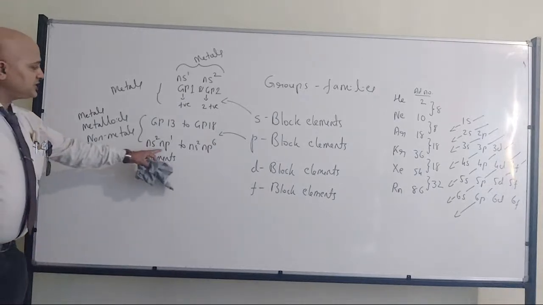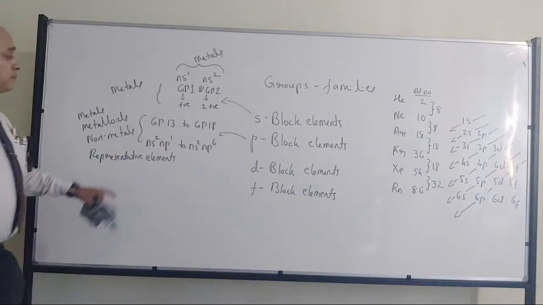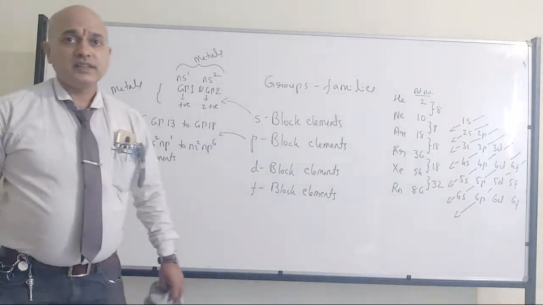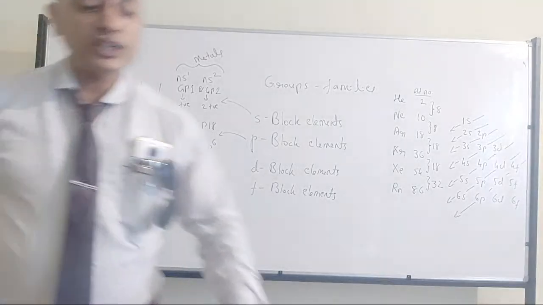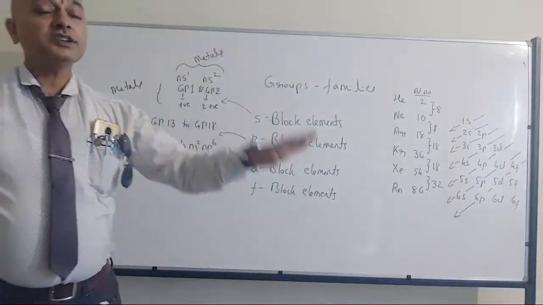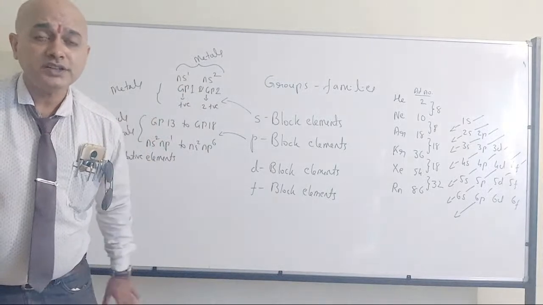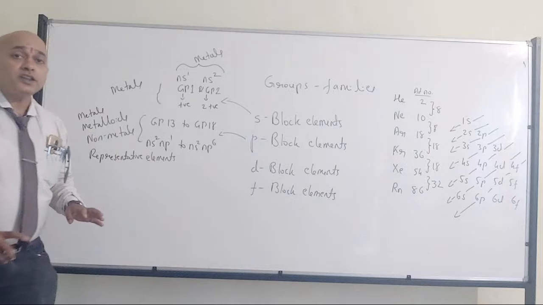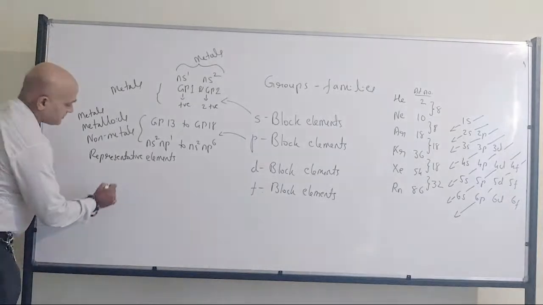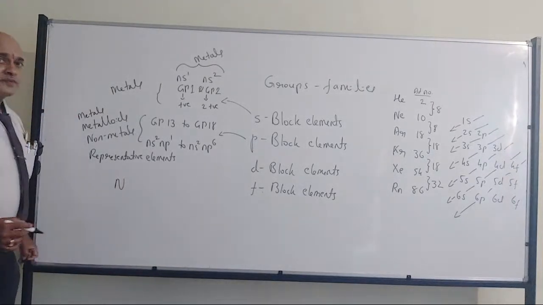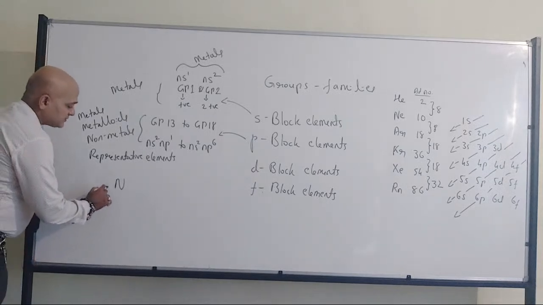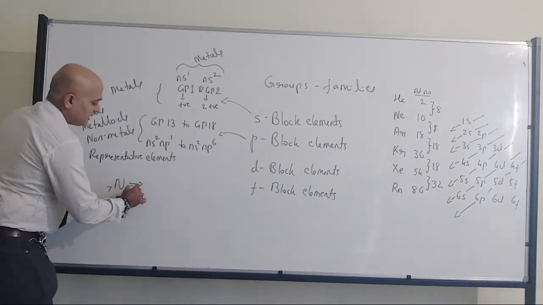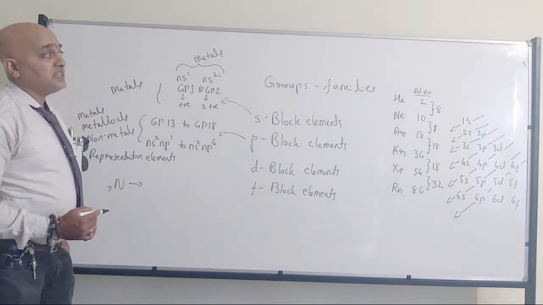Now, this is the general electronic configuration for P block, ns2 np1 to ns2 np6. Can someone write the electronic configuration of nitrogen, which is a P block element? Atomic number is 7 for nitrogen. So naturally I should take the help of which inert gas?